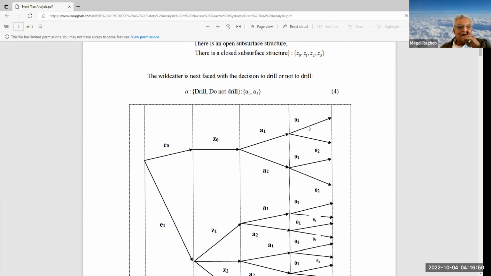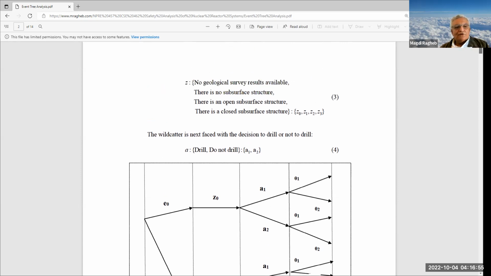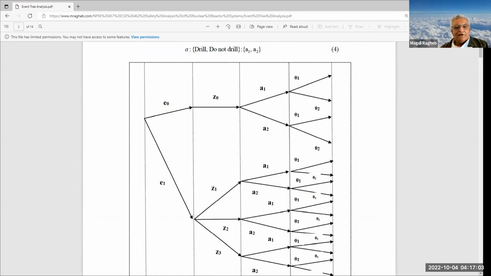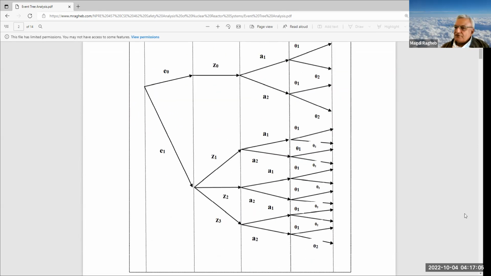And in the end here, he gets the outcome theta 1 or theta 2, which was that he finds oil or he finds no oil. Each one of those paths has its utility value. And in that case, instead of just going every time and drilling, you have the input from the geological survey and the input from, say, a geologist and so on in the decision process.